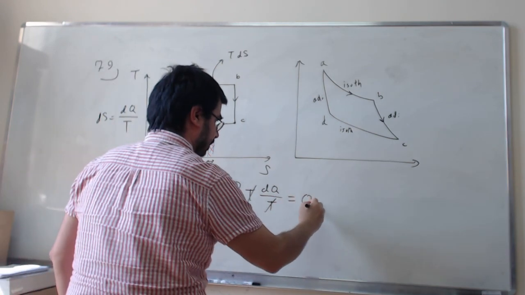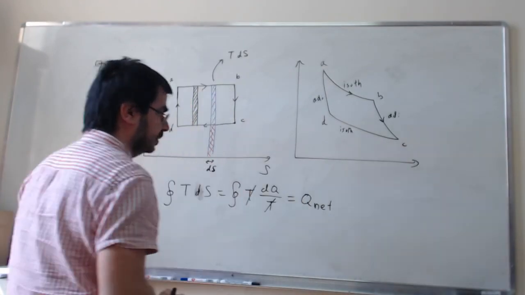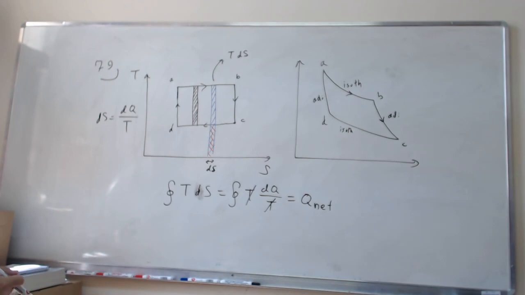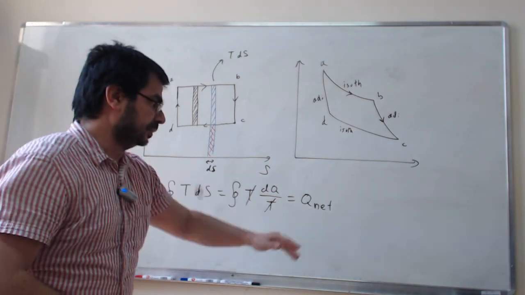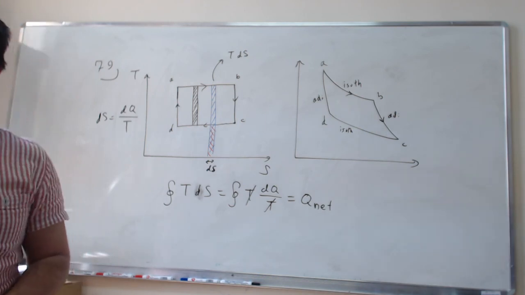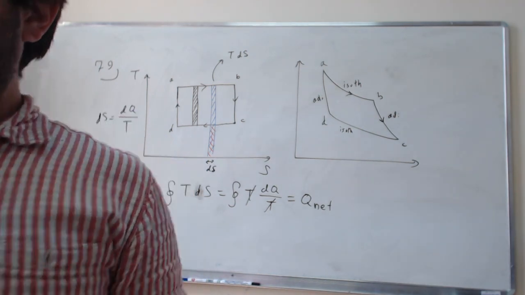And this is going to be the net heat that is exchanged over this cycle. The net heat that either enters or leaves our gas over this cycle. Therefore, it will, of course, depend on whether you're going clockwise or counterclockwise. It's either going to be positive or negative. But in the end, we can just call this the net heat exchange with the system. All right, that's all I want to say.